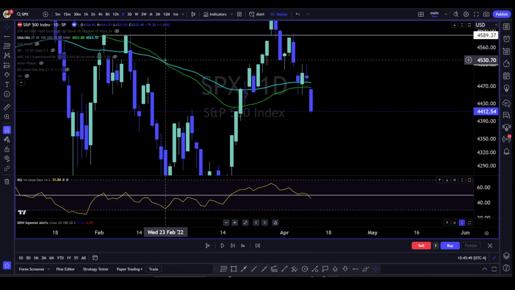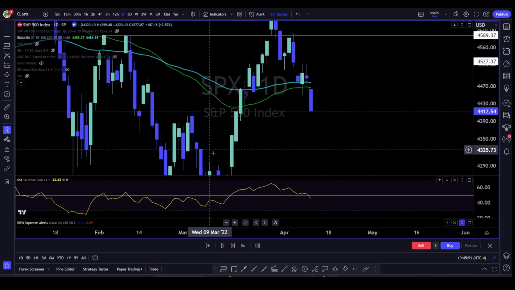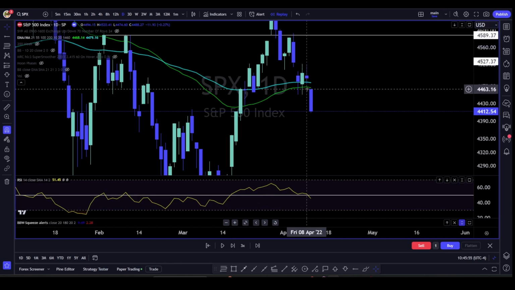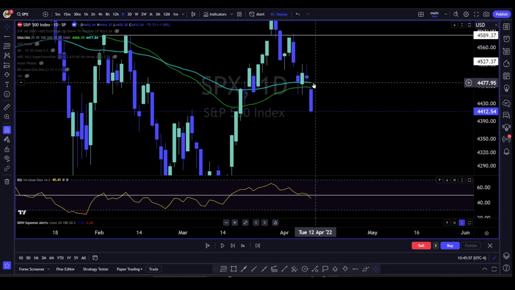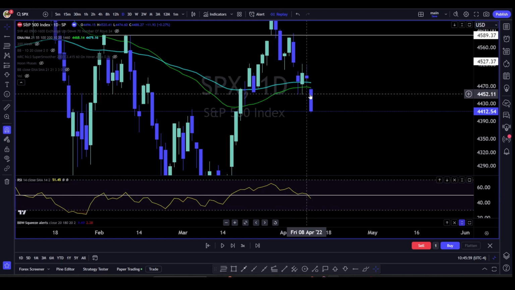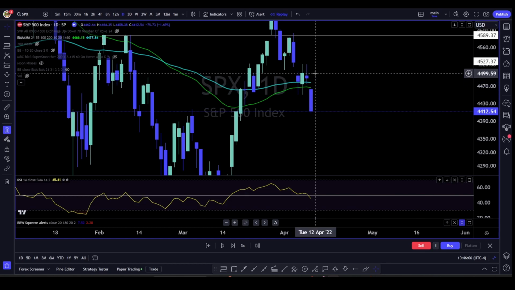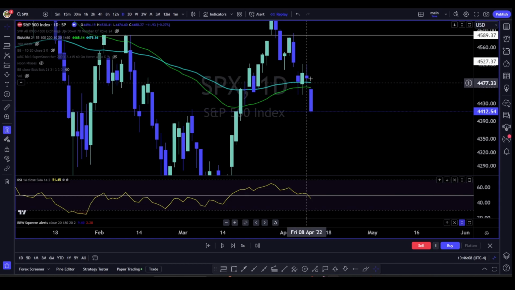Notice, once you made your cross here, even though you had this wild spike to the upside to run stops, whereas the 21 is sitting here and the 200 is like right here, remember? You're still structured bearish because the 50 never made its cross back to the upside on the 100.